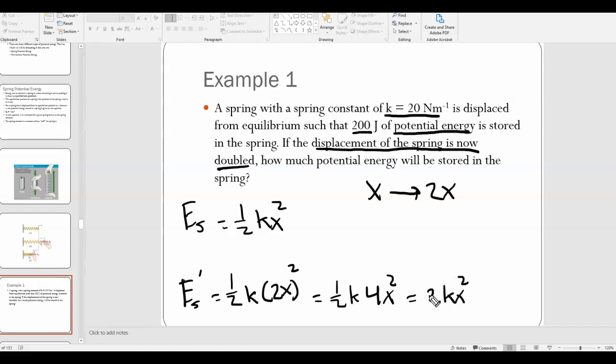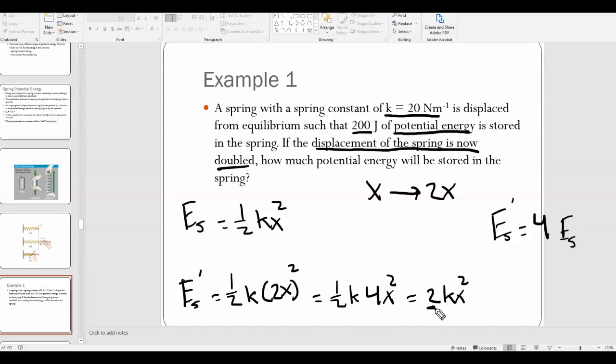Now, it's really important that you compare this to the original. My new spring potential energy has a 2. My original had a 1/2, which means that my new spring potential energy is 4 times the original value.